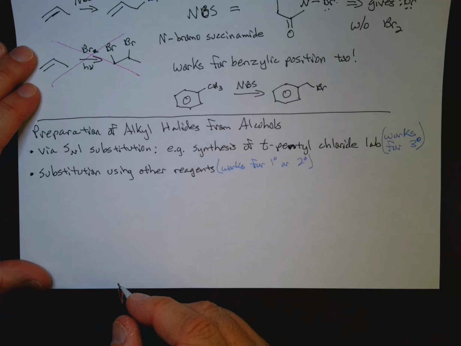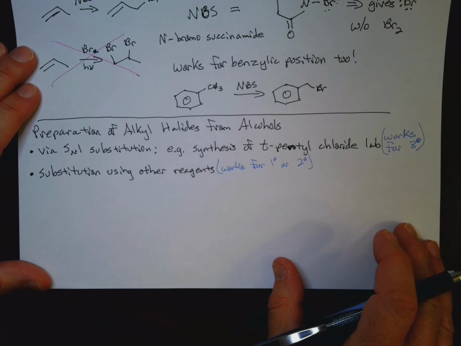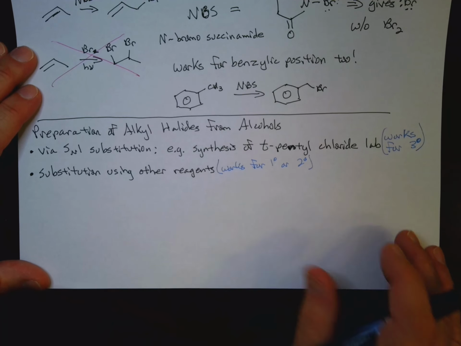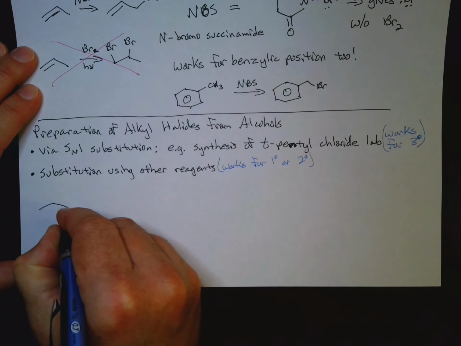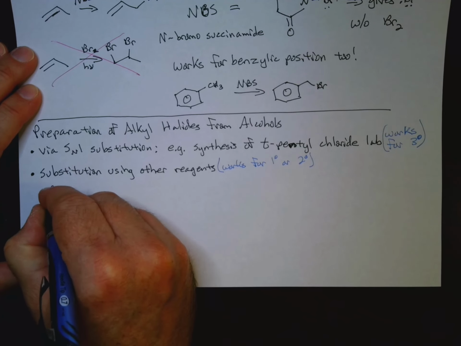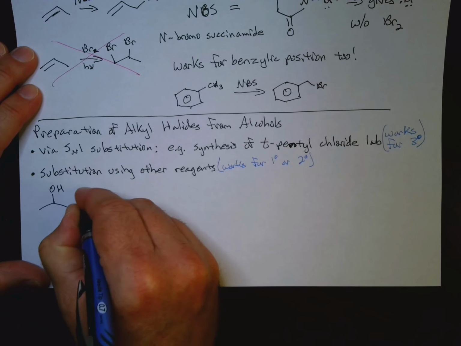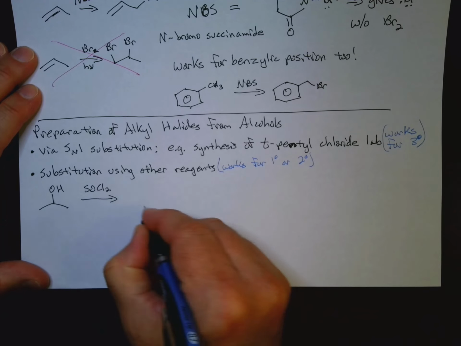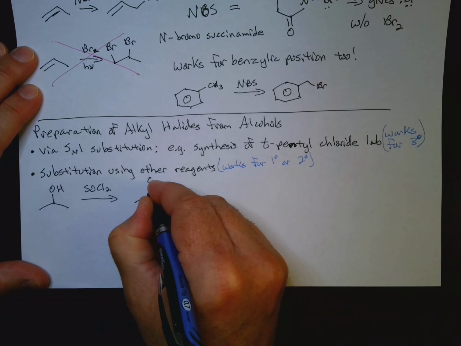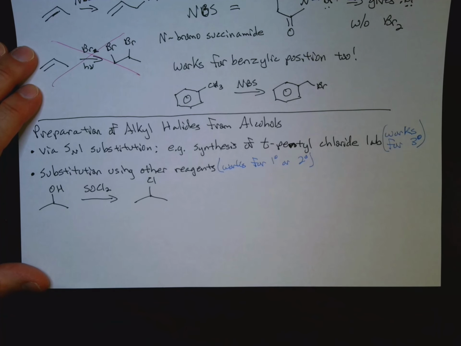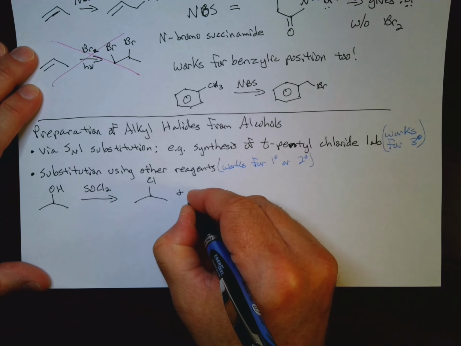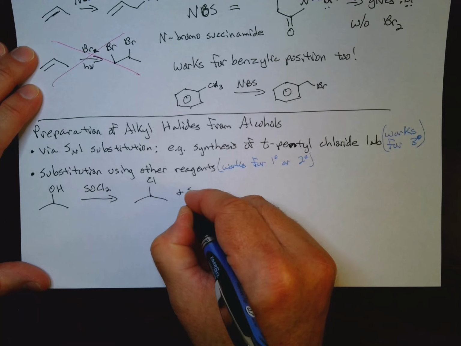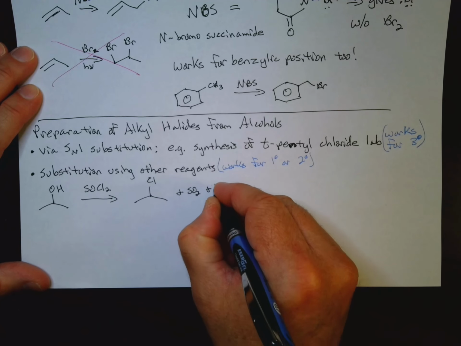And typically what we'll do is we'll use something like, let's see here, OH, so SOCl2, we'll get Cl. We'll also get SO2 plus HCl.